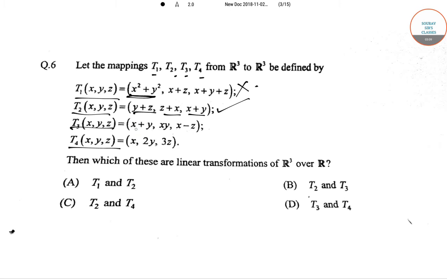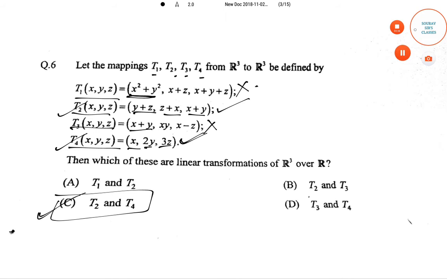In T3, x plus y is linear, x into y has degree 2, so this is non-linear, and x minus z is linear. And T4, x, 2y and 3z all are linear since all have degree 1. So T2 and T4 are linear, so the correct option is option C, that is T2 and T4.